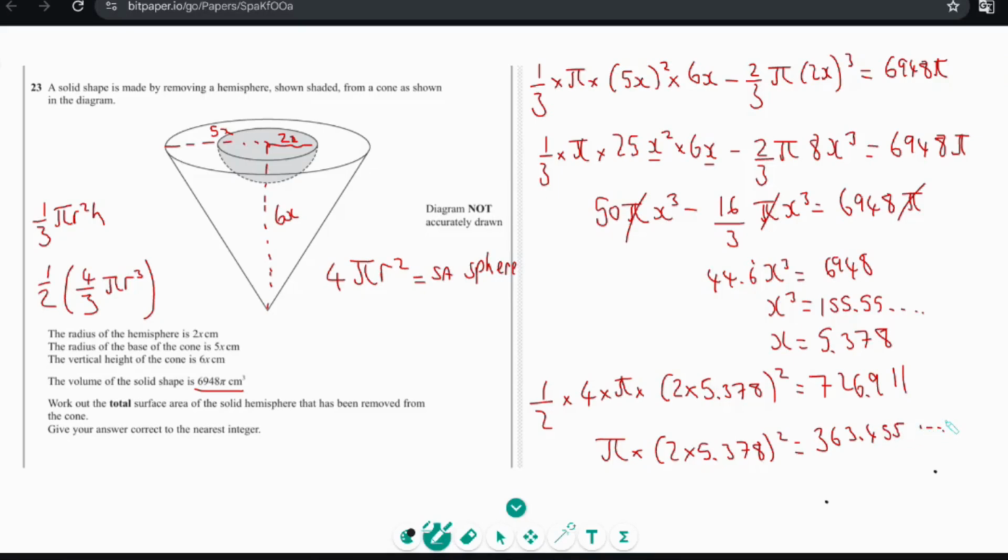Add them together. Round to the nearest integer, 1090 centimetres squared.